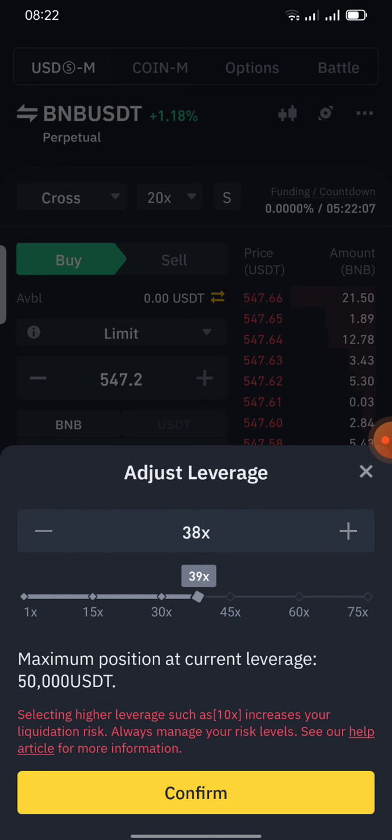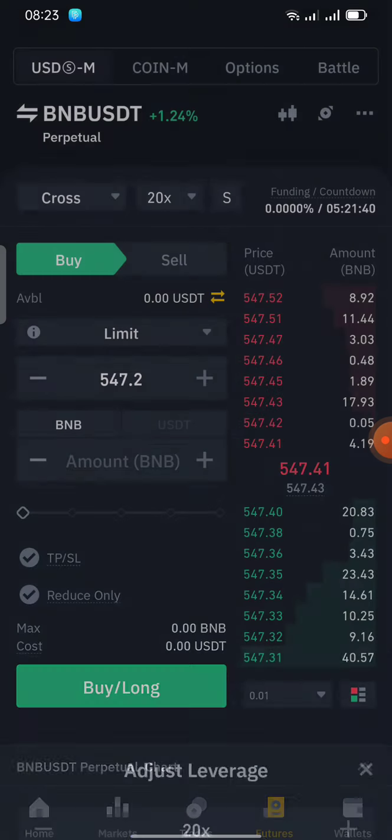So if your prediction is okay, you will get like 59 times. You can leverage how much you want to. If you put 20 times, then you will get 20 times the money, 30 times, 45 times, how much you want to do. So I don't want too much risk, so I do like 20x leverage and confirm it.